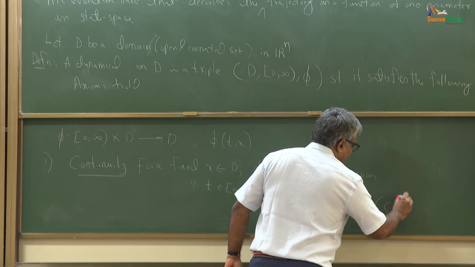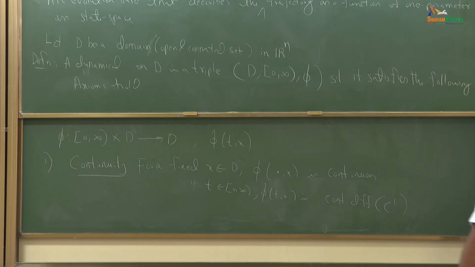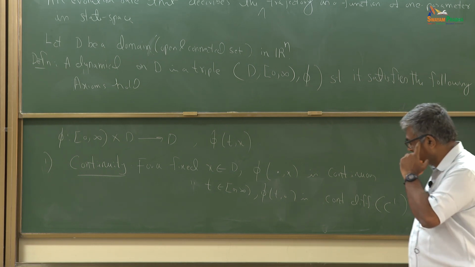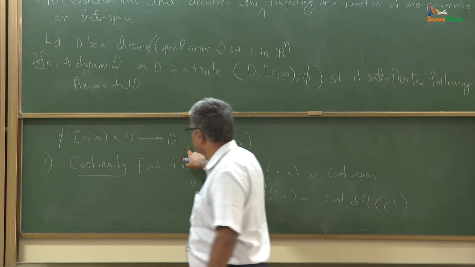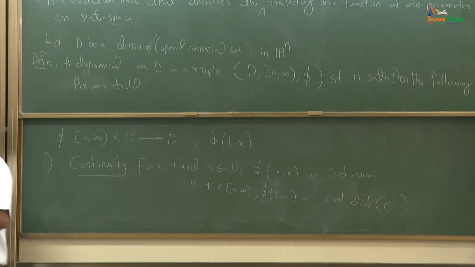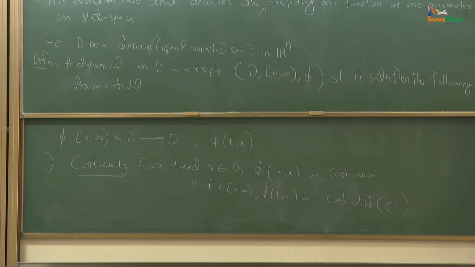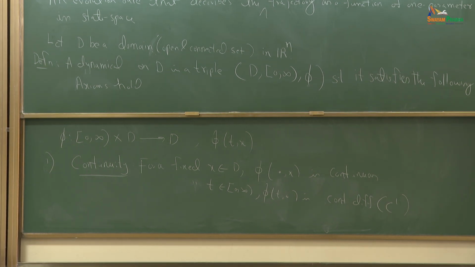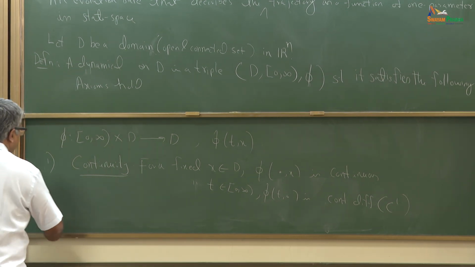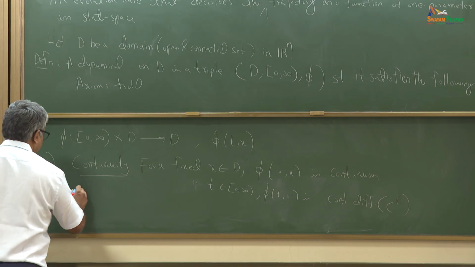That means C1. Continuously differentiable means the derivative exists and is continuous, right? We denote such functions as C1. So the first requirement is that phi has to be continuous in t and continuously differentiable in x.